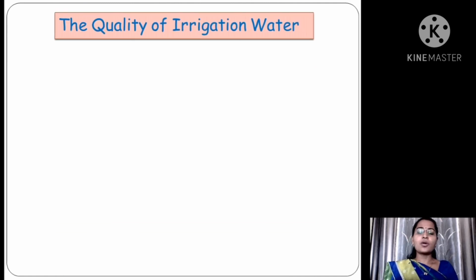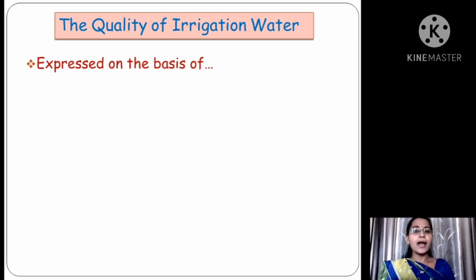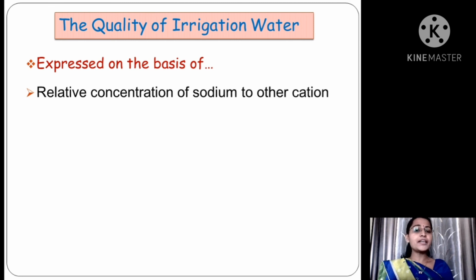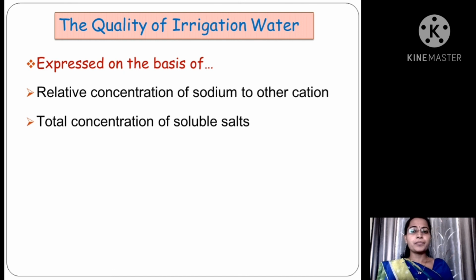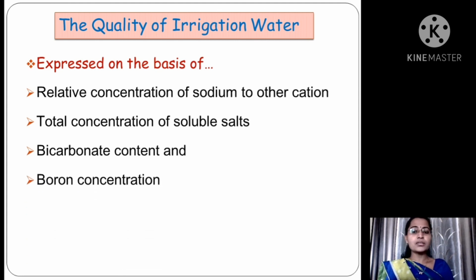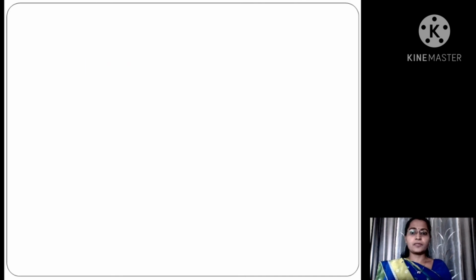Then we focus on the quality of irrigation water, and this is expressed on the basis of relative concentration of sodium to other cations. The quality of irrigation water also depends on total concentration of soluble salts, the bicarbonate content present in the irrigation water, and boron concentration. Depending on these terms, we can find out the quality of irrigation water.